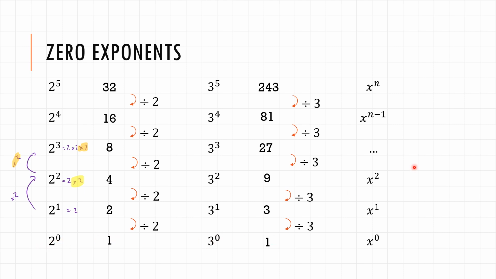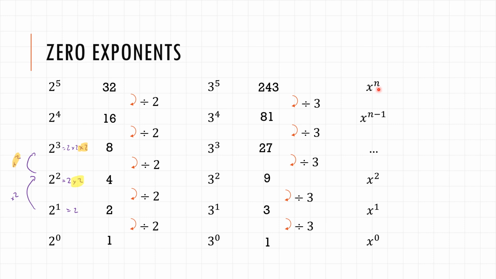But is this going to be true for all powers? To look at this, I decided to make the base of the power just x, and I made the exponent n. So how do I get from here to here? Well, it looks like in these cases, I divided by the base. So I divided by 2. In this case, I divided by 3 because that was the base.